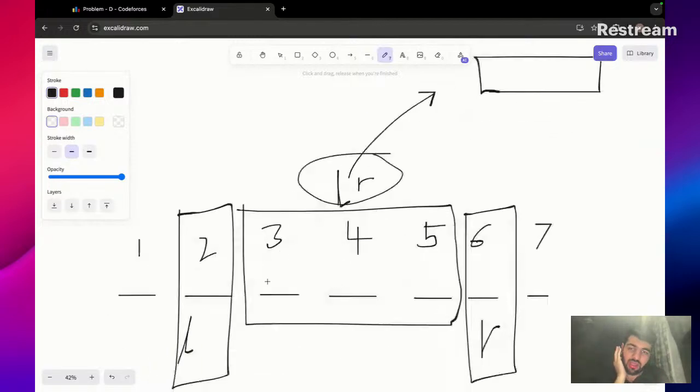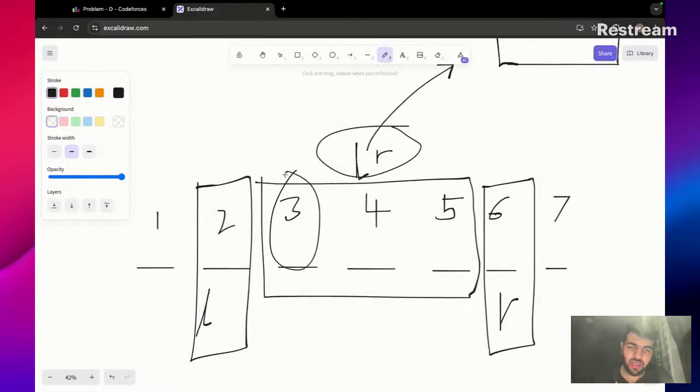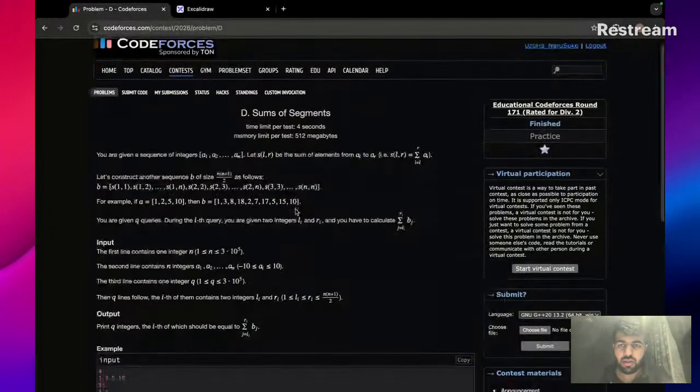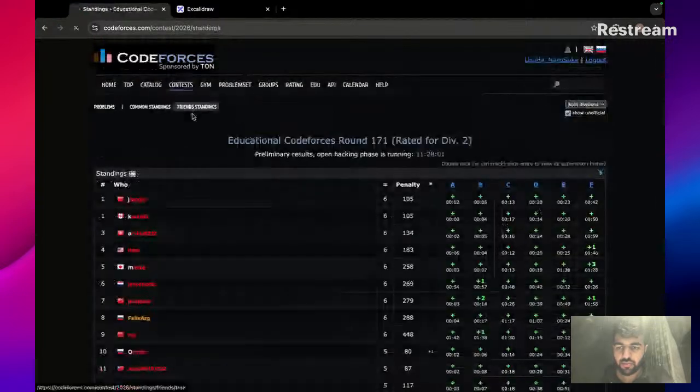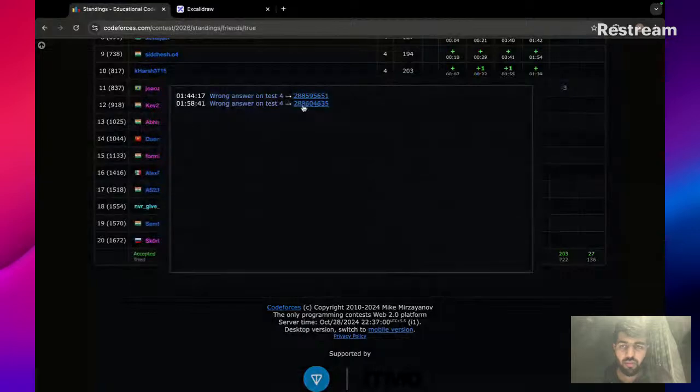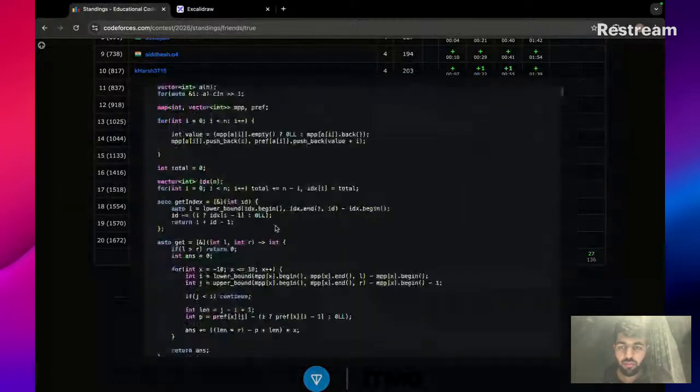Because for three sums I can calculate, I think we can do this. Let me just open my code. Same thing I did.